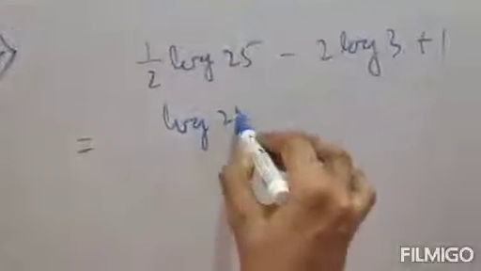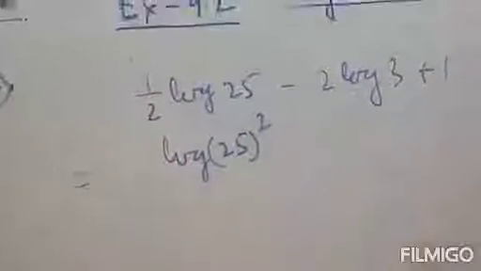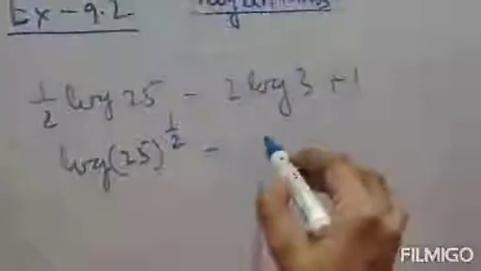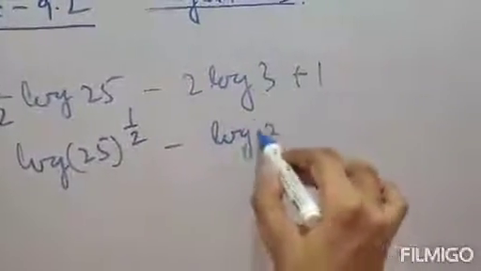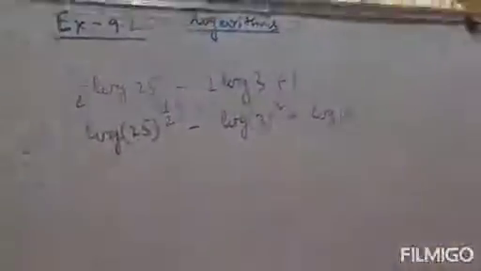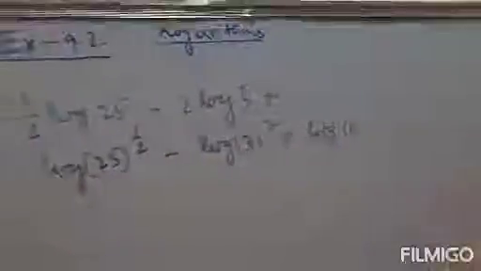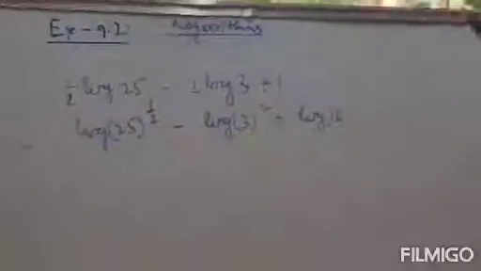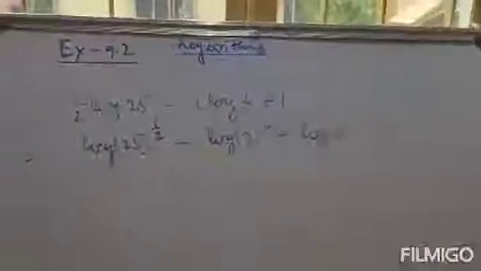Log 25 to the power 1 by 2, minus log 3 to the power 2, plus, also we can write 1 as log 10. Clear? Because here the base is not written, so we will not write the base over here. Just as in the previous sum, in the previous question the base was written, log base 10 of 10, so we wrote log base 10. Here the base is not written, so we will not write the base.